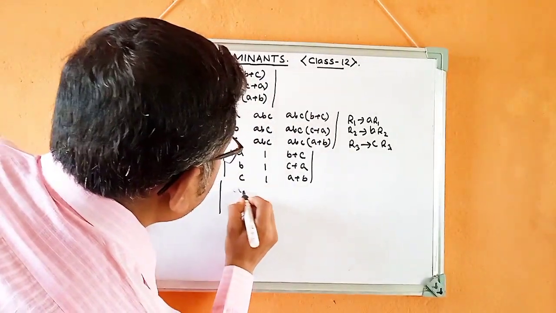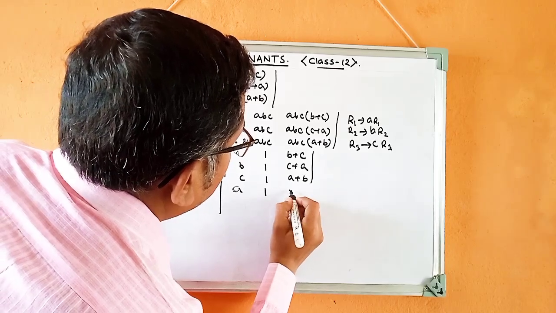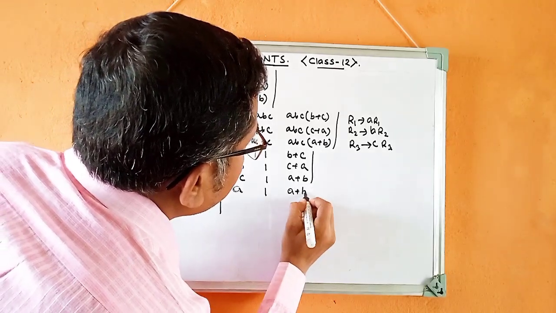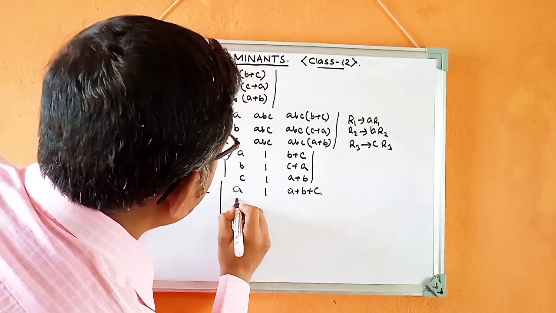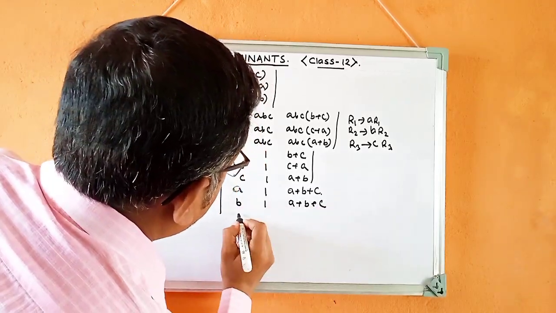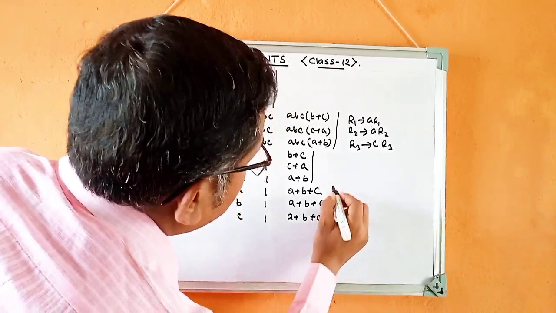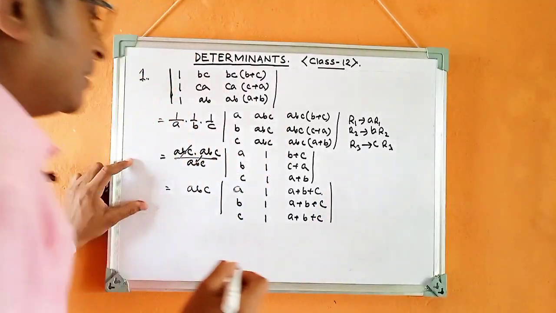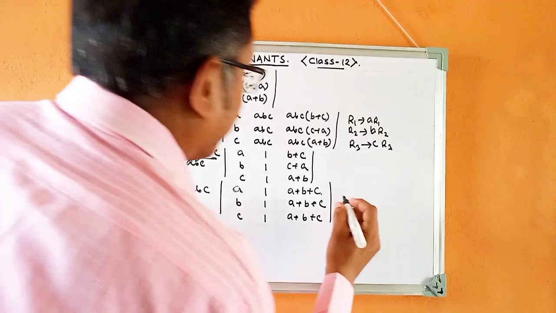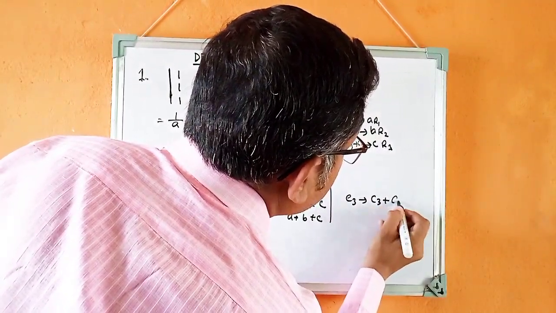So see, A, 1, A plus B plus C; B, 1, A plus B plus C; C, 1, A plus B plus C. Now write what we will do, that is C3 equal to C3 plus C1.